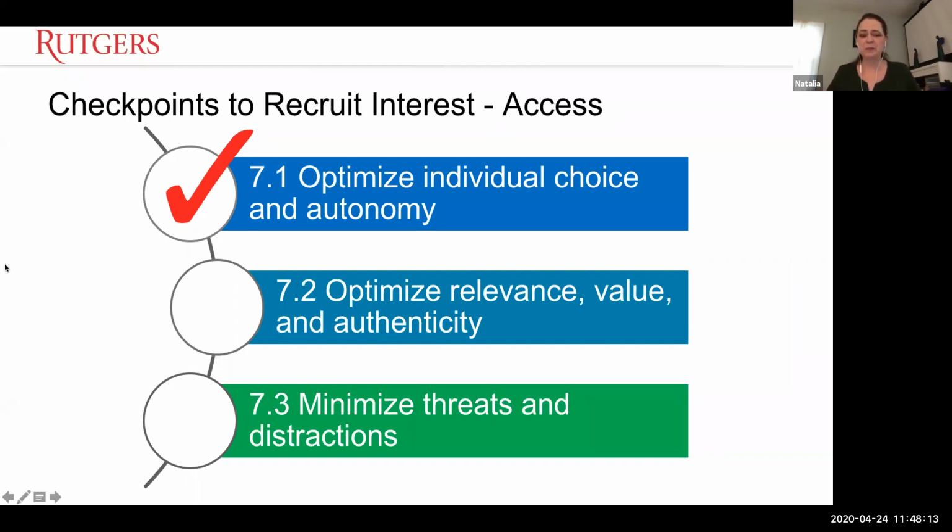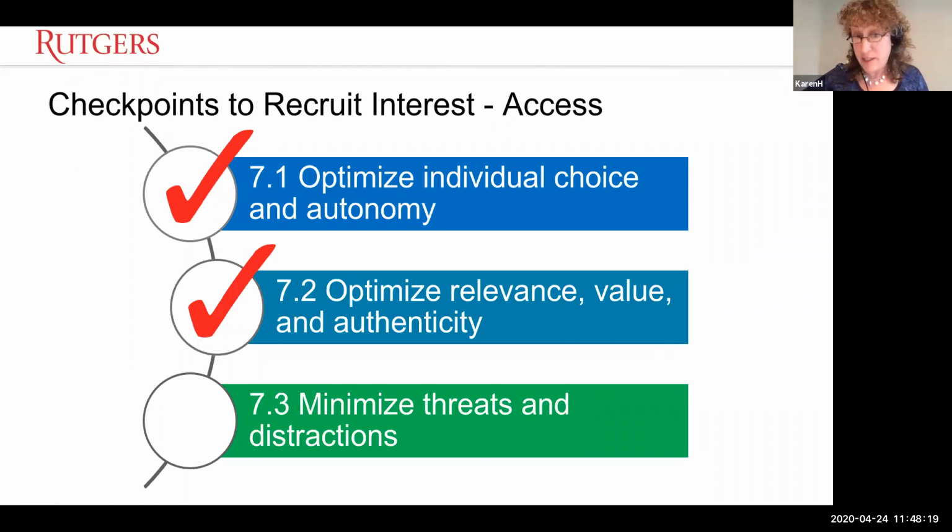Karen? Okay, so 7.2 is probably one of my favorites, specifically authenticity and designing learning that is authentic. Something that I specialize in often is also designing assessment that is authentic.